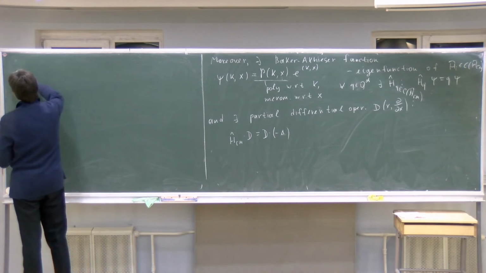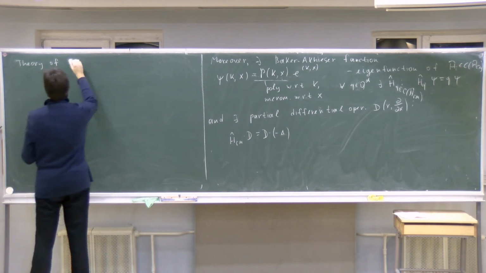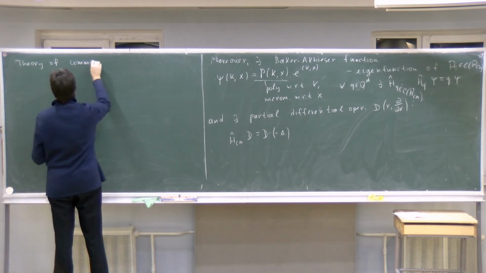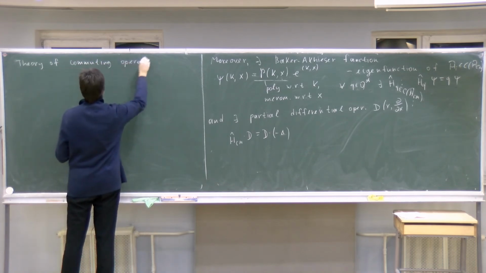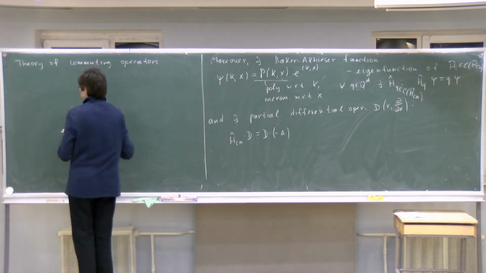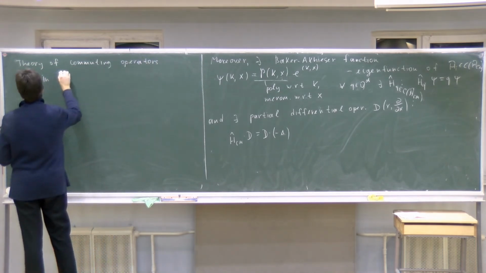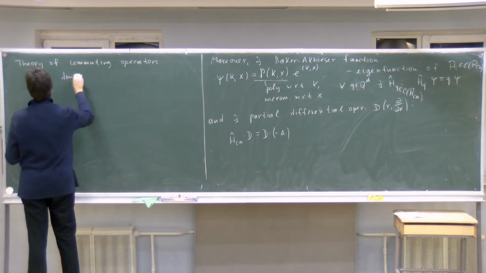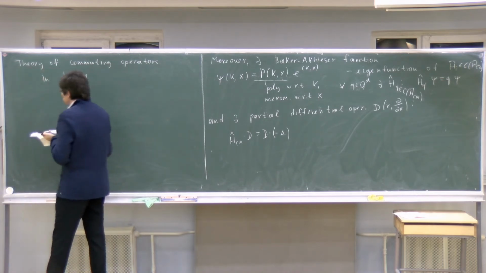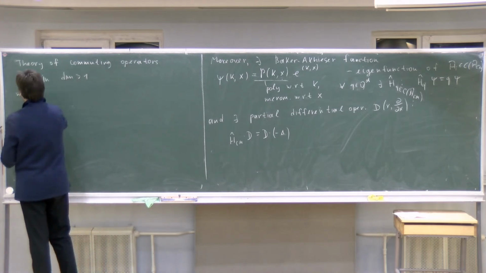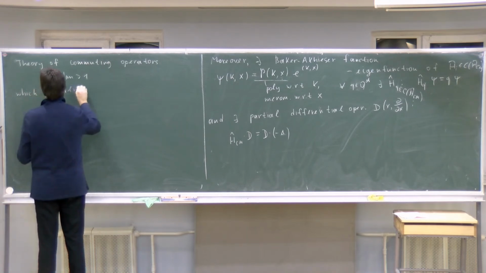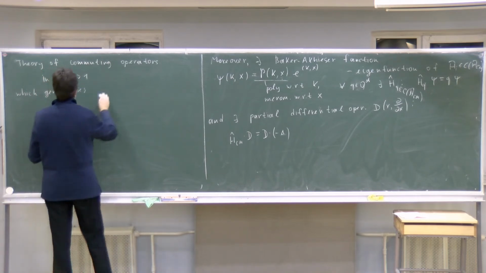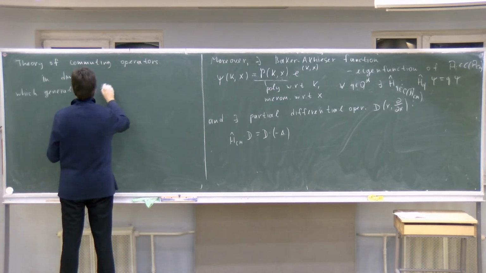So there is a theory of commuting operators in higher dimensions, in dimension greater than 1, which generalizes this theory in dimension 1.